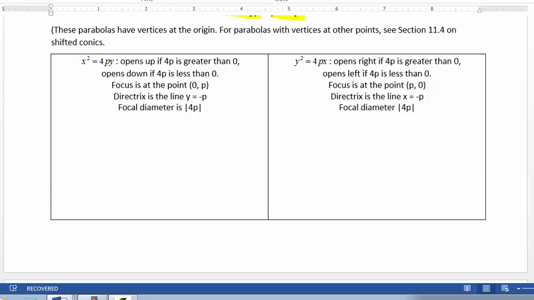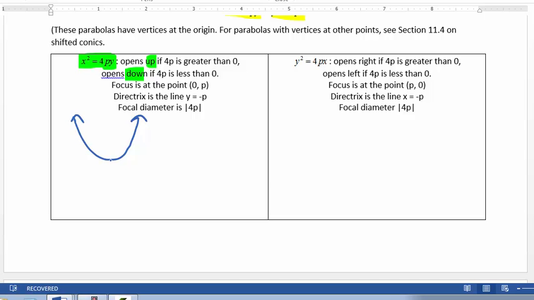The first form, of course, is x squared equals 4py, and parabolas that have this kind of equation are either going to open up or open down. They open up if 4p is greater than 0, and they open down if 4p is less than 0. So you might have a parabola that would look like this. This opens up.